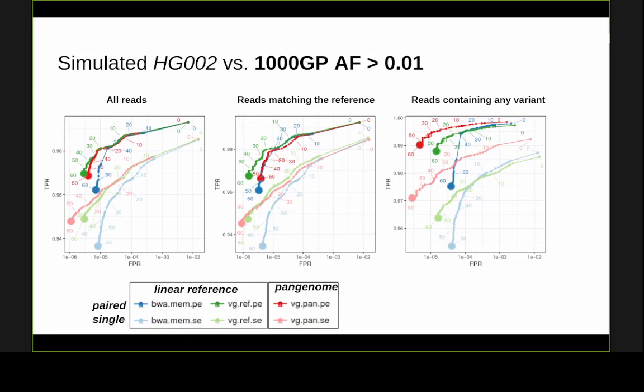And what's actually going on is that when the reads match the reference, the added information is confusing. And so you do a little worse. There's really no benefit in the case of the parent genome. But for the 10% of reads that have a variant inside of them, that's not the case. You actually do dramatically better. You're improving, in both cases, in single end it's astounding. You're doing like 1.5% better in terms of the F-score.